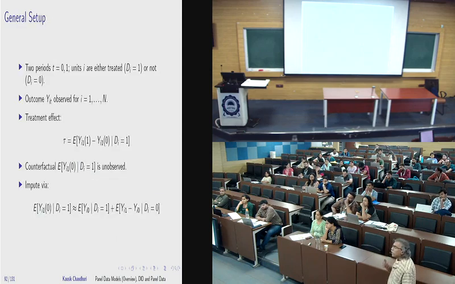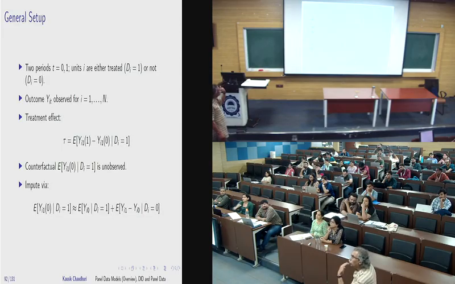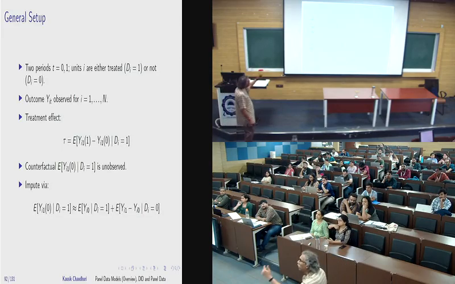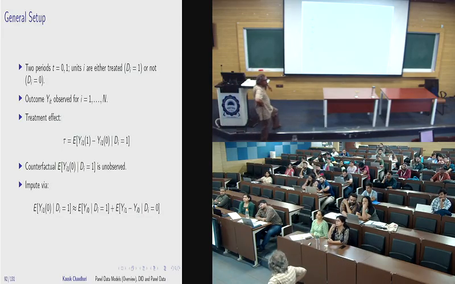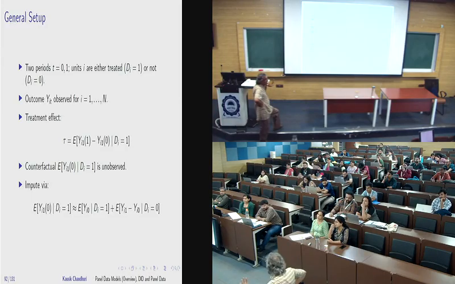So given this, I have the more general setup. Two periods, T0 and T1, and units i either belong to the treatment or to the control. The outcome Y_it I observe for every i from 1 to N. I define the treatment effect when D_i takes the value of 1, which in our simple case was W_i equal to 1.